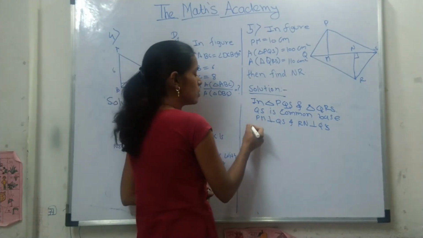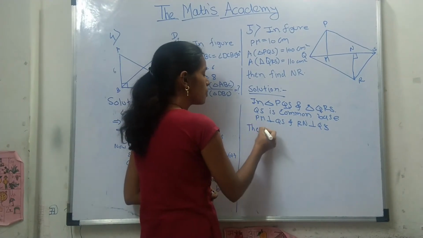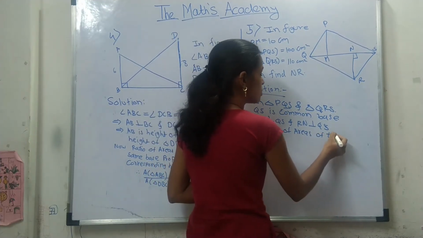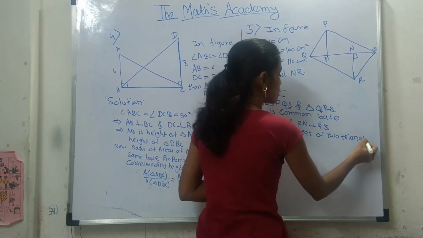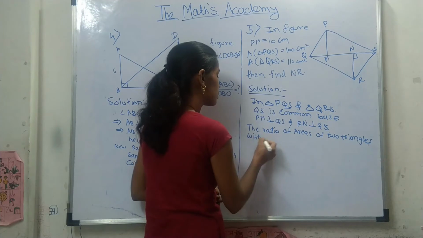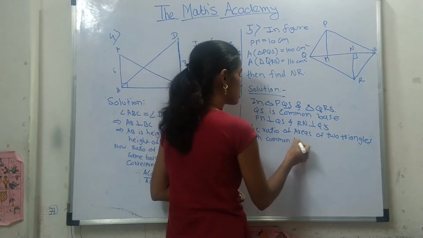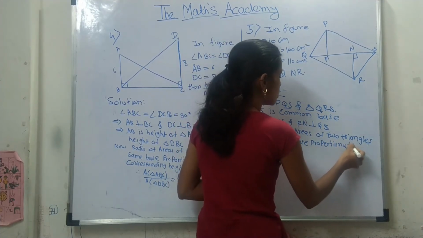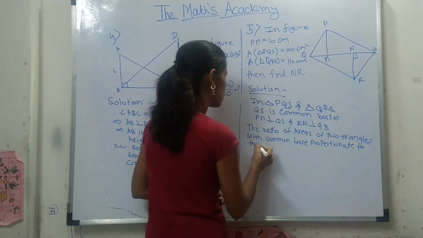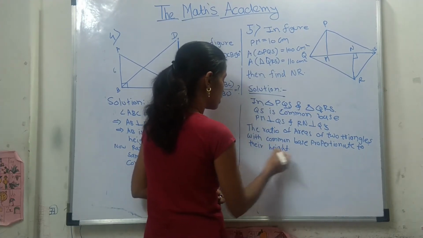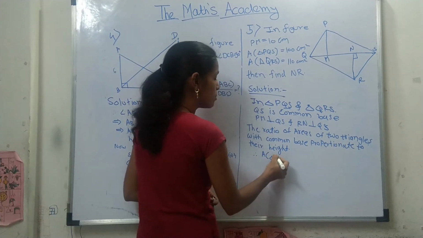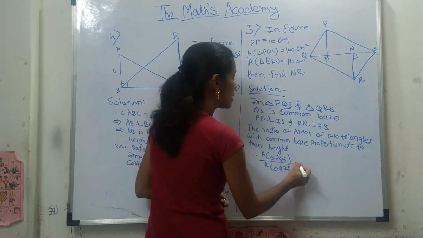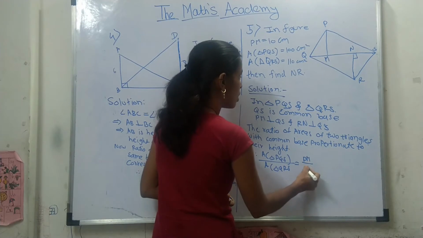So therefore, we can write the ratio of areas of two triangles with common base is proportionate to their height. Therefore, area of triangle PQS upon area of triangle QRS is equal to PM upon RN.